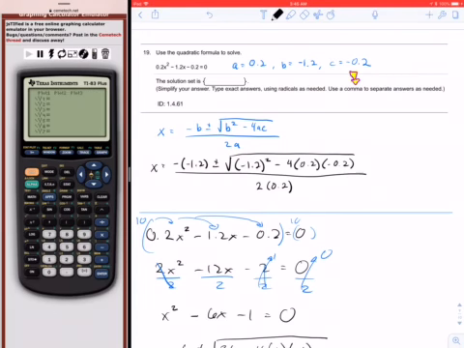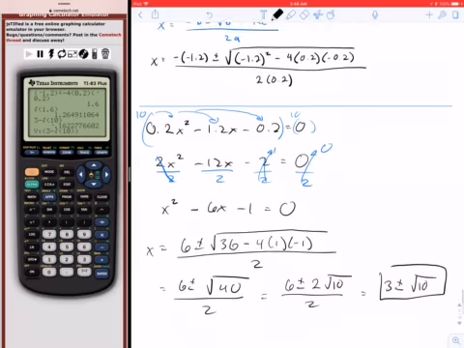There's our original up there. I'm going to go to my y equals and put in the original: 0.2x squared minus 1.2x minus 0.2. Now when we put these results into the original, we should get 0. So if we go to variables, y variables, and put in y1, we said 3 minus the square root of 10.